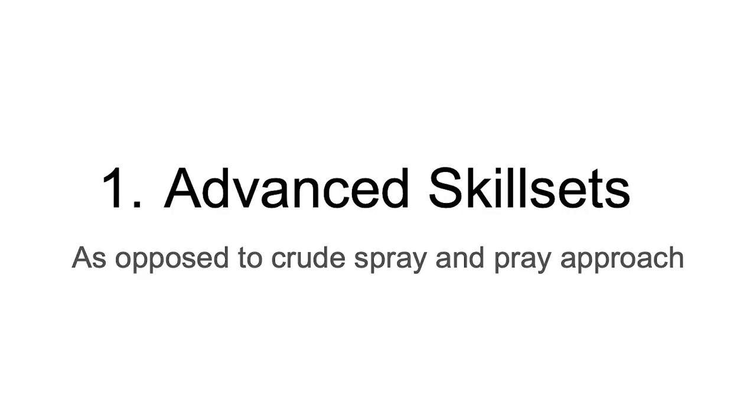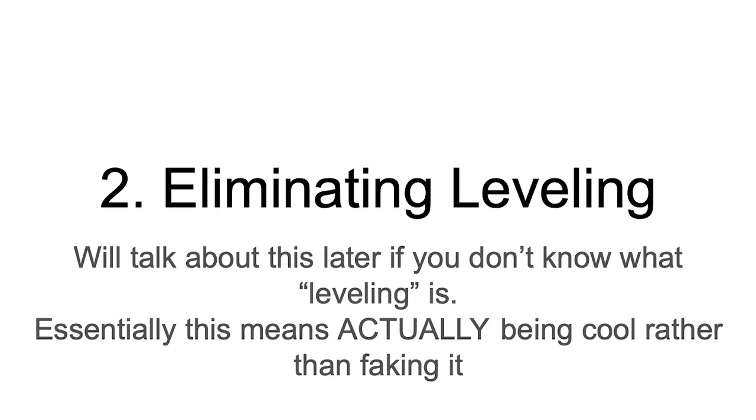What do you focus on? Well, three things. First of all, advanced skill sets, as opposed to a spray and pray approach. Instead of thinking, I'm going to get better at game by just doing a lot of approaches, try and hone in and make each and every approach as effective and efficient as you possibly can. Next, eliminating leveling. We'll talk a little bit later about what leveling is.